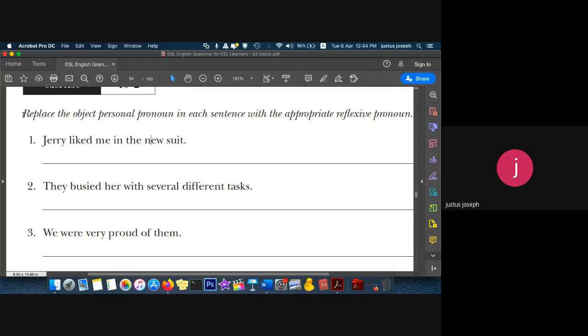Okay. Next exercise. Replace the object personal pronoun in each sentence with the appropriate reflexive pronoun. Jerry liked me. Now Jerry is the subject. Liked is the verb. Whom did the subject like?